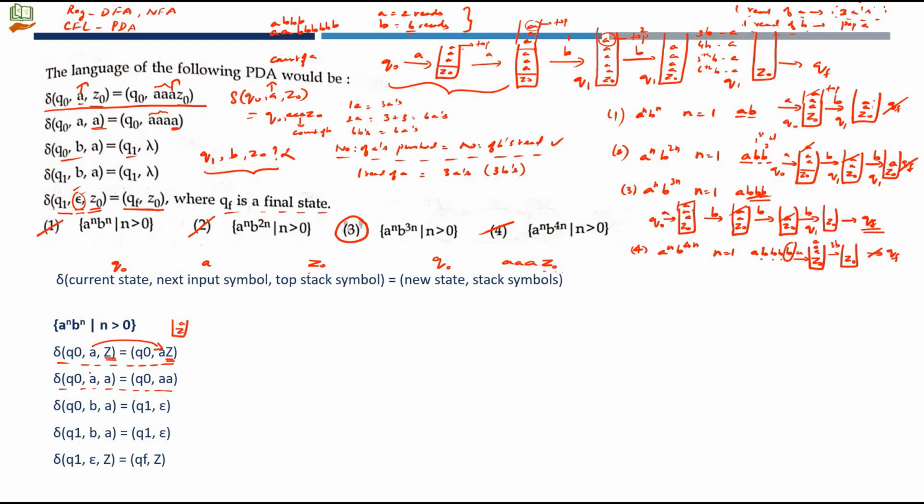When I insert another A, this will also push only one more A to it. It means at a time only 1 A is pushed. When 1 A is pushed, we know that will be the count of B. It means for every A, there is only 1 B involved.